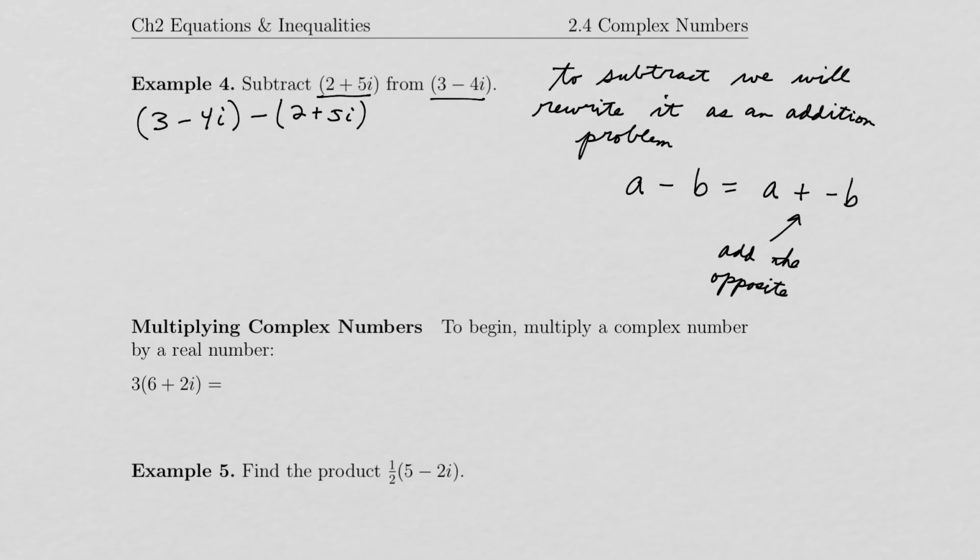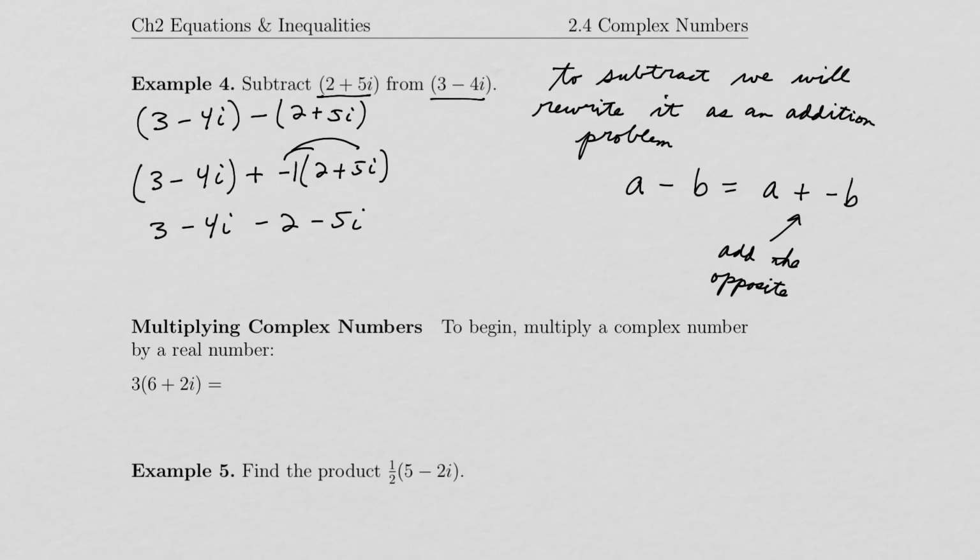So in this case, I would take my first complex number, 3 minus 4i, and instead of subtracting, I'm going to add. Now the opposite of the second complex number basically means negative 1 times the second complex number. And to simplify that, you're going to basically distribute in the negative 1. It's basically going to change both of the signs, right? So this becomes 3 minus 4i, and this will become negative 2 minus 5i.